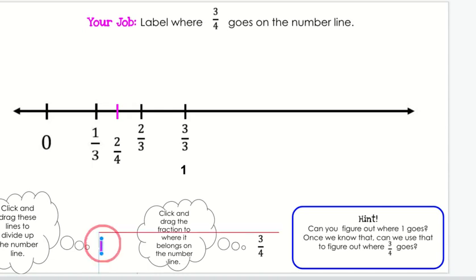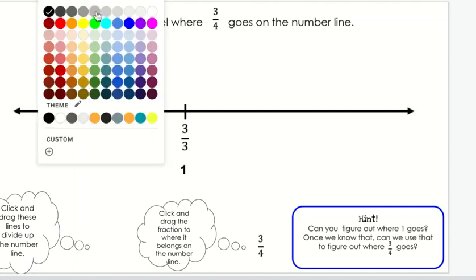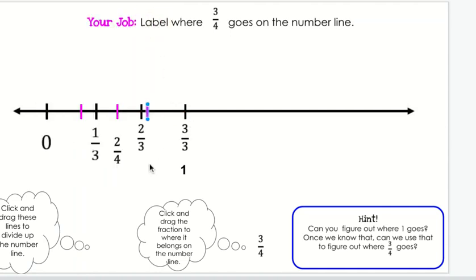So I need to place these halfway between 1/2 and 0, or 2/4 and 0, and halfway between 2/4 and 1. And you just need to get as close as you possibly can. So now with the pink, I have my number line broken up into fourths on there as well.